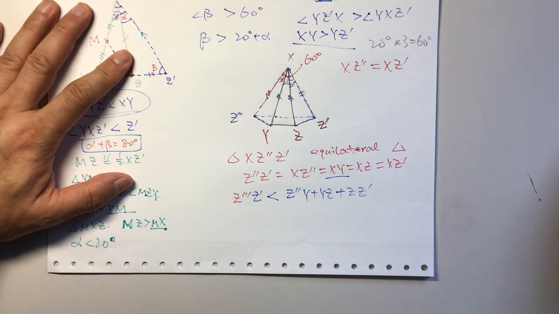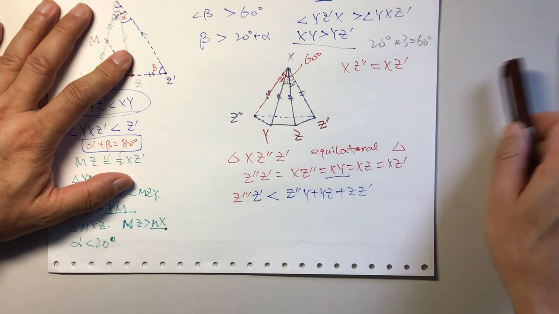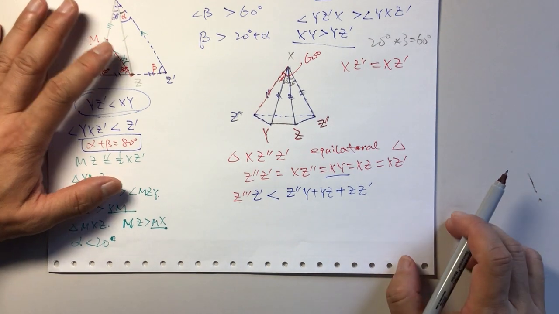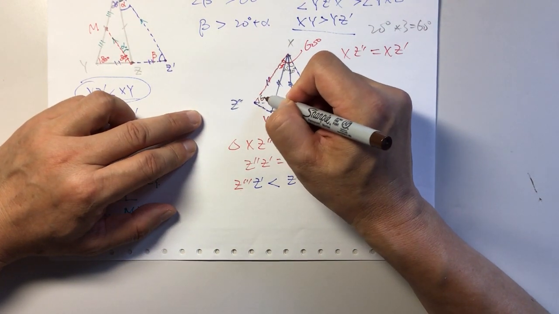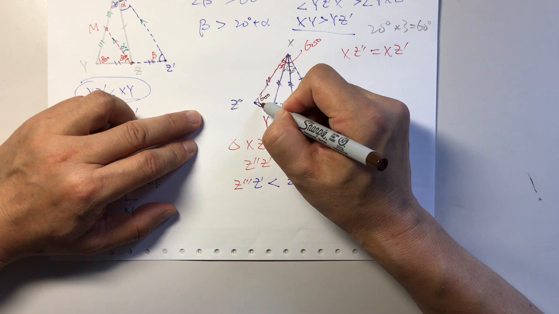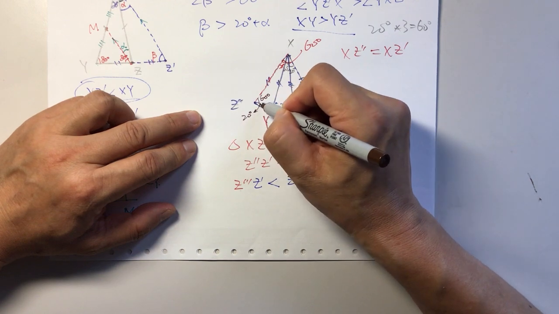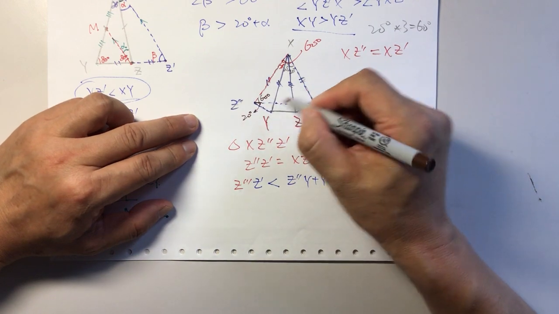Okay, and now the problem becomes easier, right? We can easily know this is 60 degree, so now this is 20 degree. I mean this small one, right?